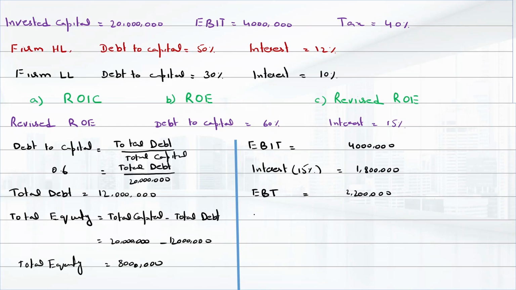Tax rate is 40%, and that is 880,000, and the net income is 1.32 million, and the return on equity is 1.32 million divided by 8 million, that is 16.5%.